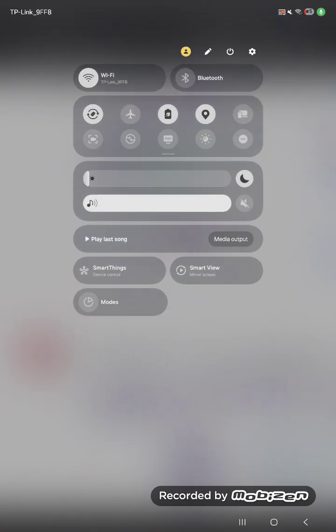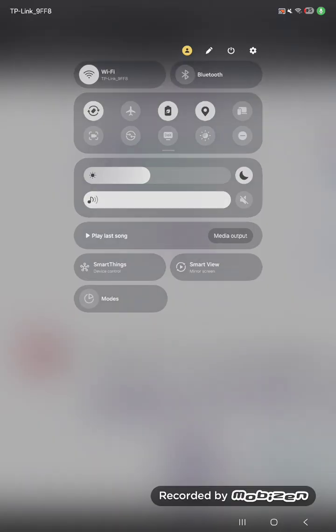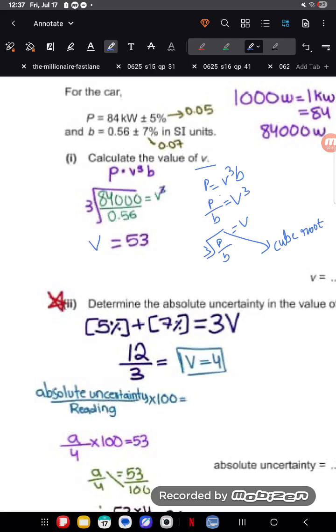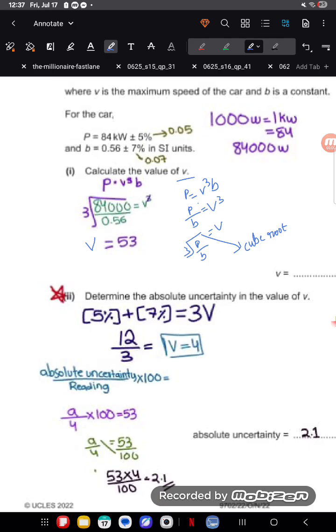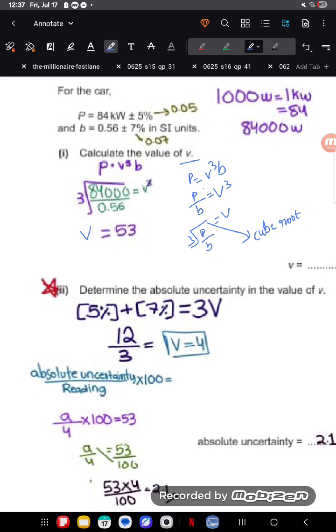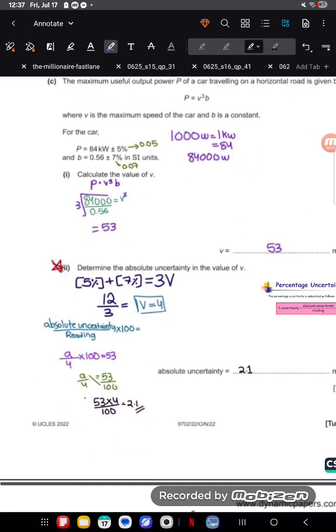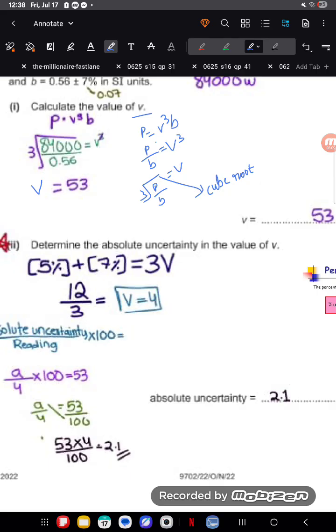If they ask you to calculate the value of V, then the next question on V, they will ask from V only. Now you got the value of V, and the absolute uncertainty of V. So you know the formula, right?